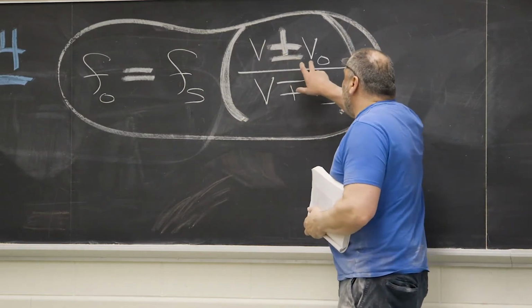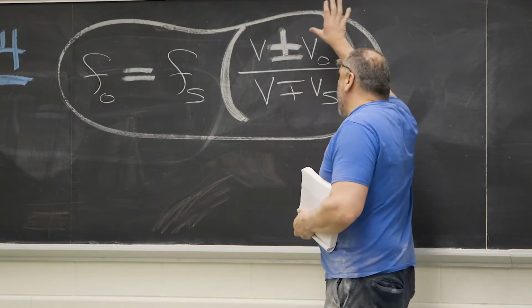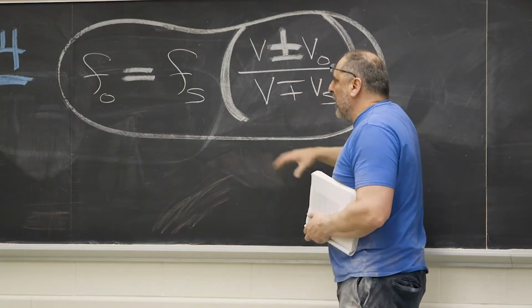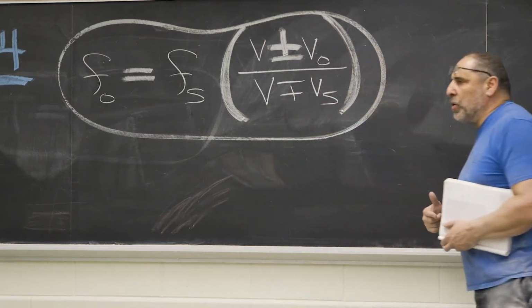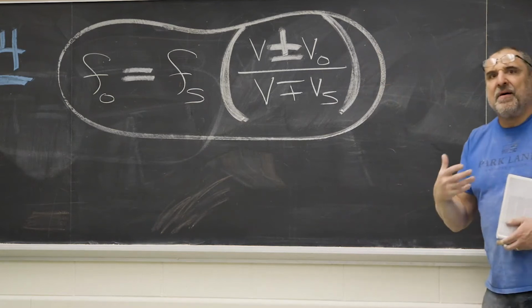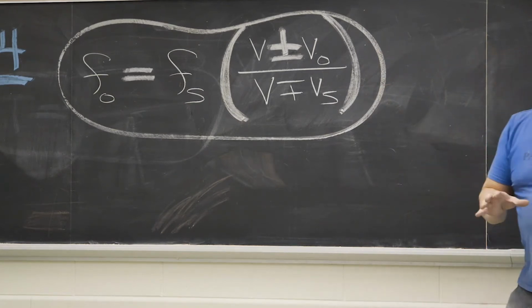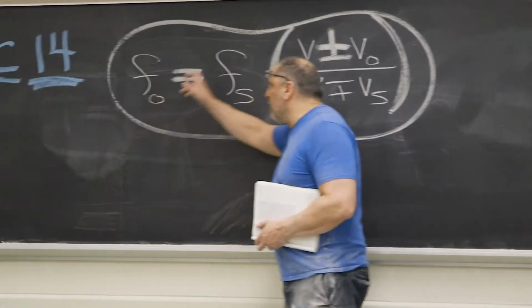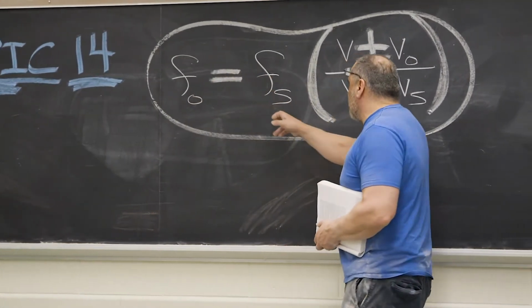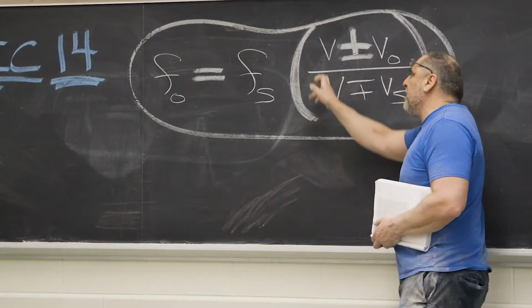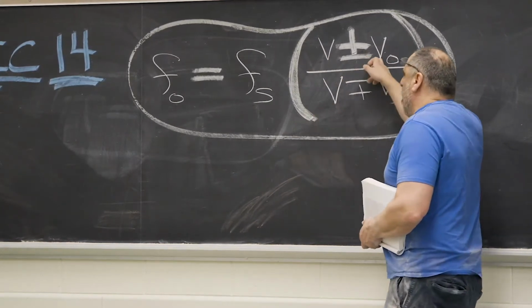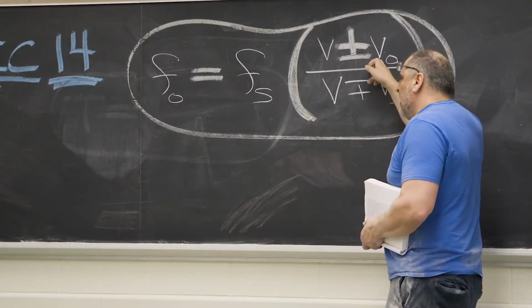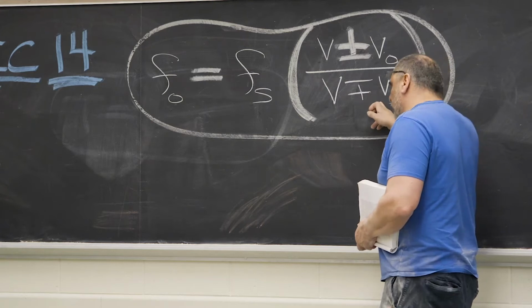I don't make any negative signs here. The way other people do it, they want you to put negative numbers in there. All my numbers are positive. FO is the frequency you observe, FS is the frequency of the source, V is the speed of sound, VO is the speed of the observer, VS is the speed of the source.